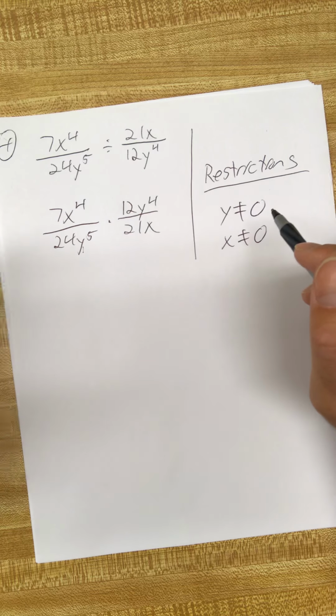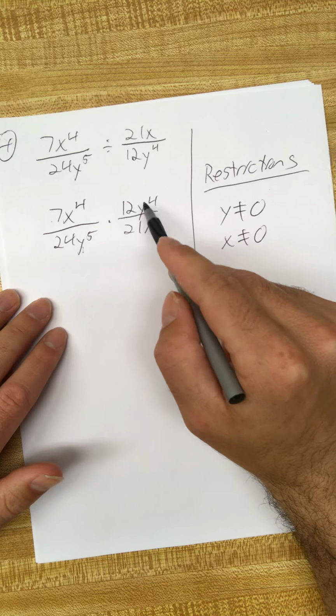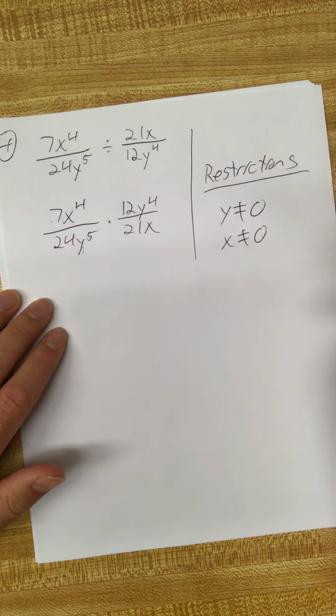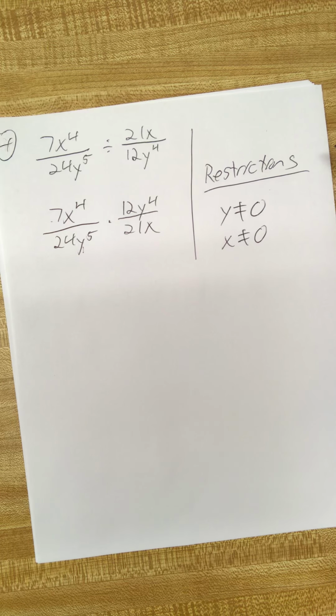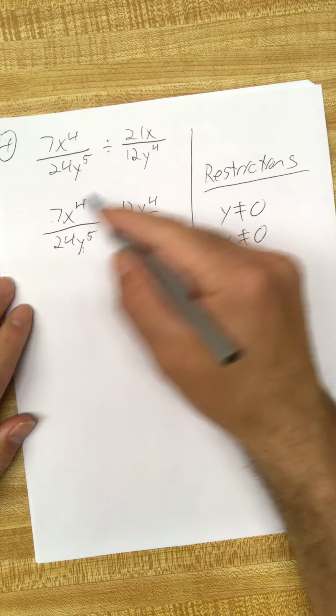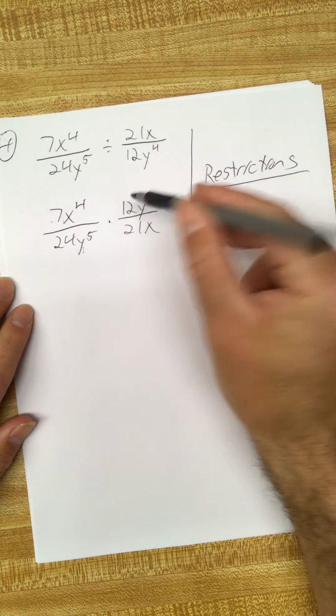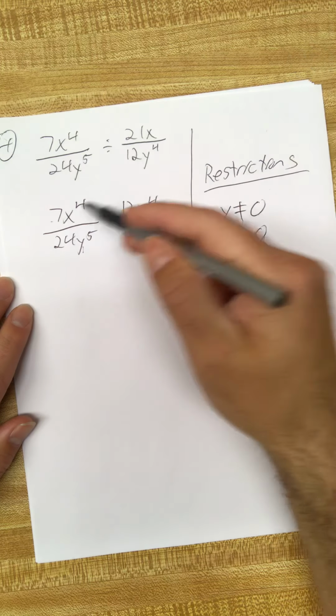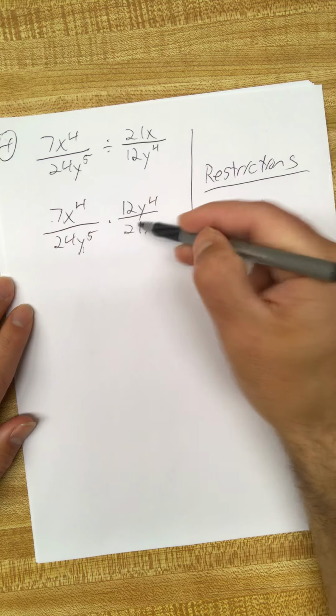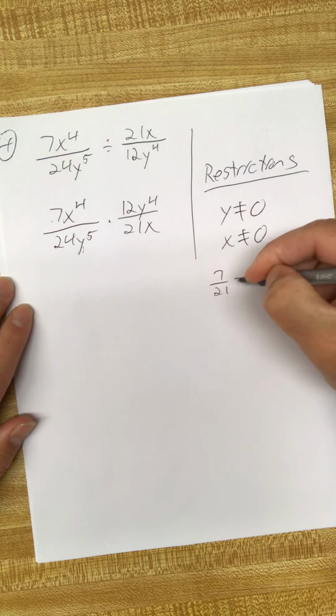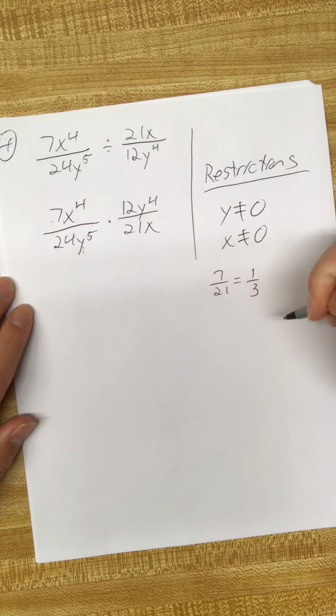All right, so probably the easiest thing to do is just go right across the numerator, right across the denominator to try and start to simplify this stuff. One way to make things a little bit easier, though, if you want to simplify your fraction, 7 over 21 is equal to 1/3.